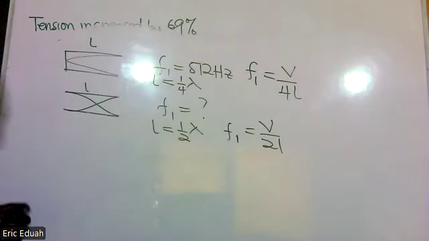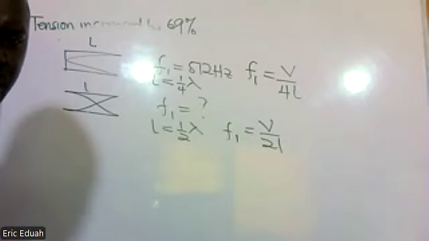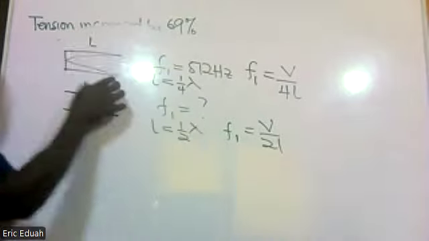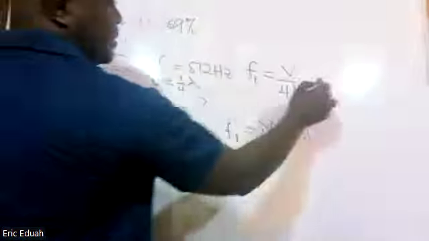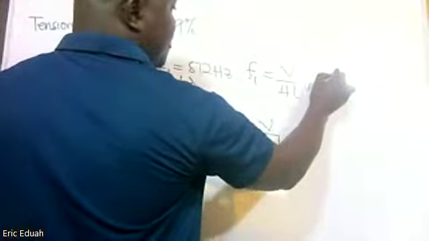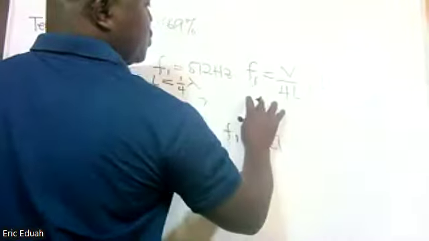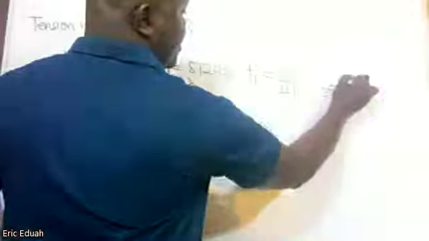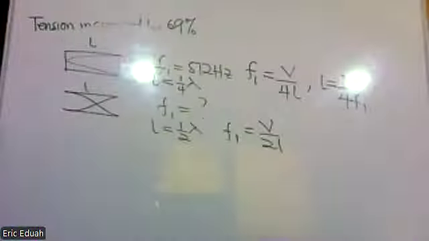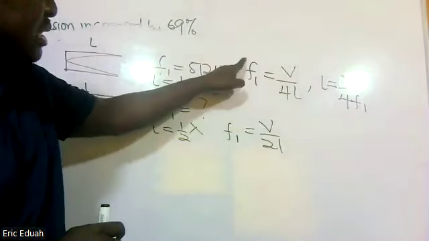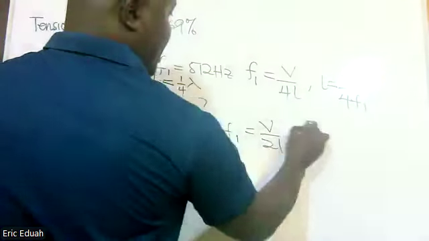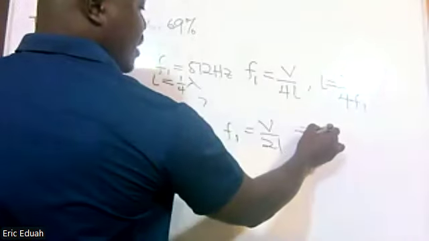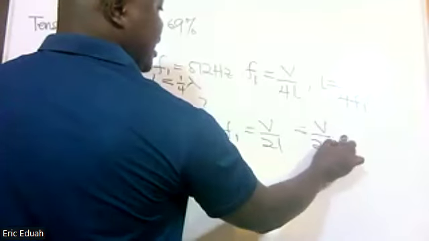Now the common factor has to be the length. The lengths are the same. So if we make L the subject, we have L equal to V on 4F1, and from the other one we also have V on 2F1.